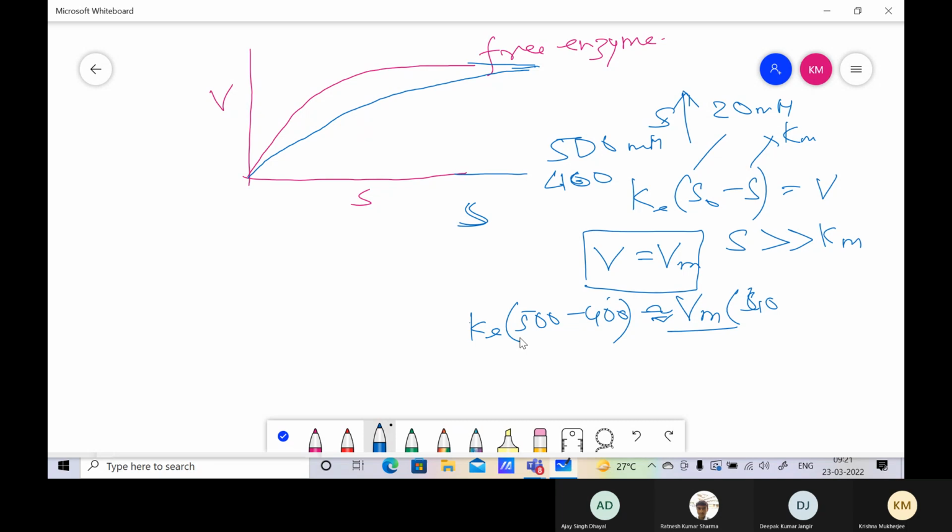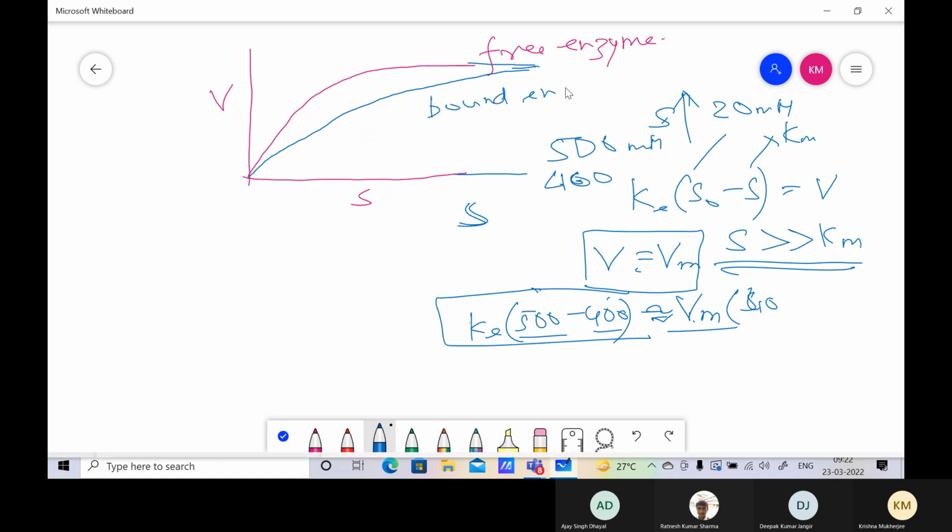So Vm is the same whether it is at 500 or 400. V is equal to Vm always, because this condition is being fulfilled. So the driving force is not a problem. So you can see that the Vmax is the same, but the Km is different. So this is the bound enzyme.